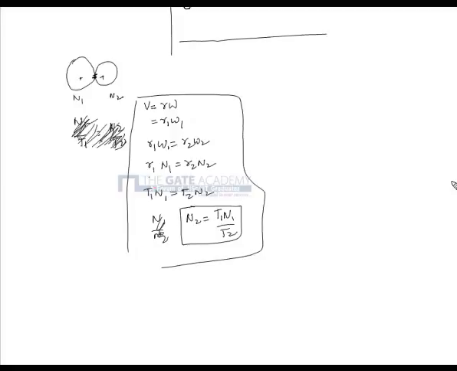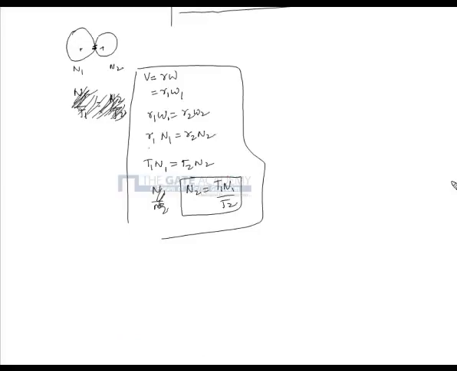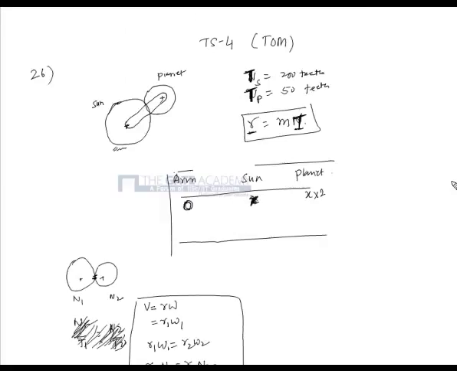Now when the arm is 0, not rotating, and the sun gear rotates by x rpm, the planet gear will rotate with x into the number of teeth by this formula, where 1 is the sun gear and 2 denotes the planet gear. So it is x into the number of teeth of the sun by the number of teeth of the planet, 50. If the sun gear rotates clockwise, the planet gear rotates anti-clockwise when the arm is fixed, so I put a minus.